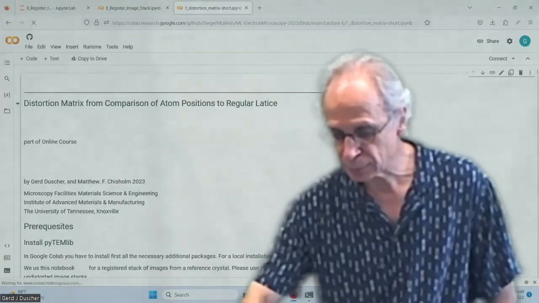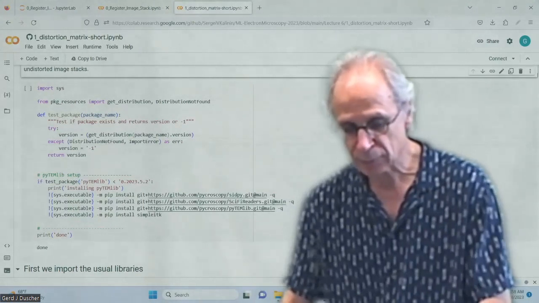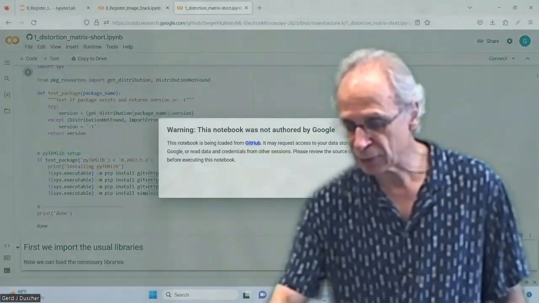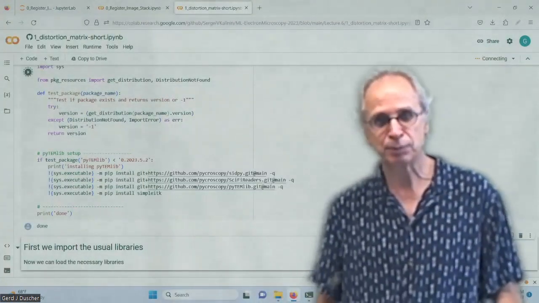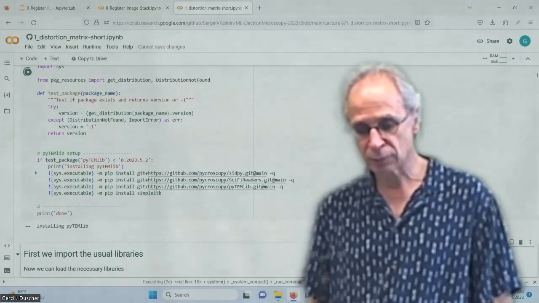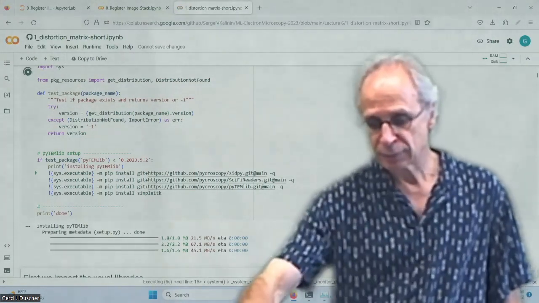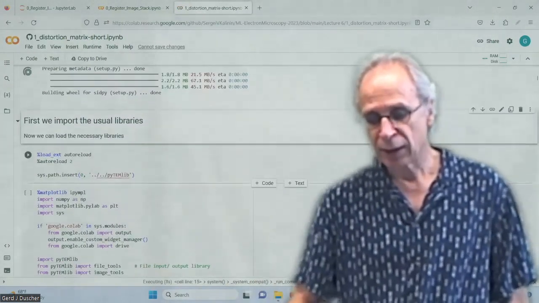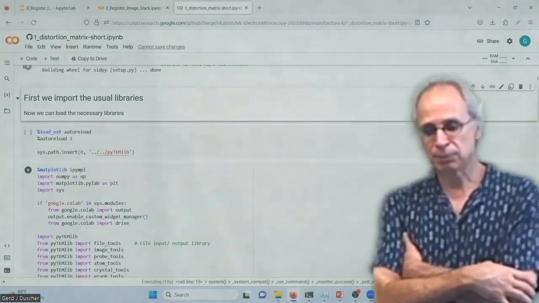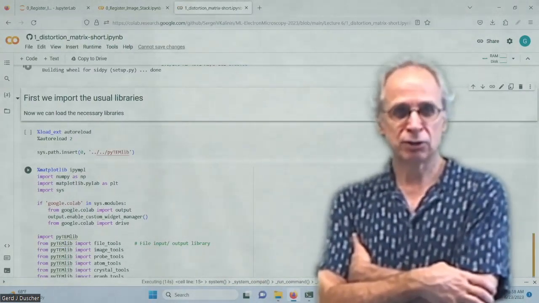Loading. Okay. Again, as I said, we have to run that. And what we want to do in this notebook is determine the distortion matrix.